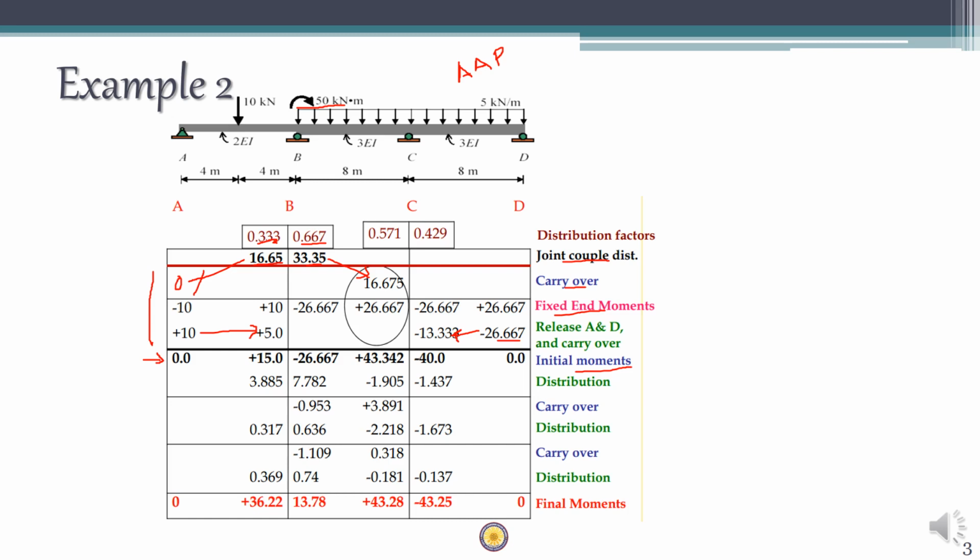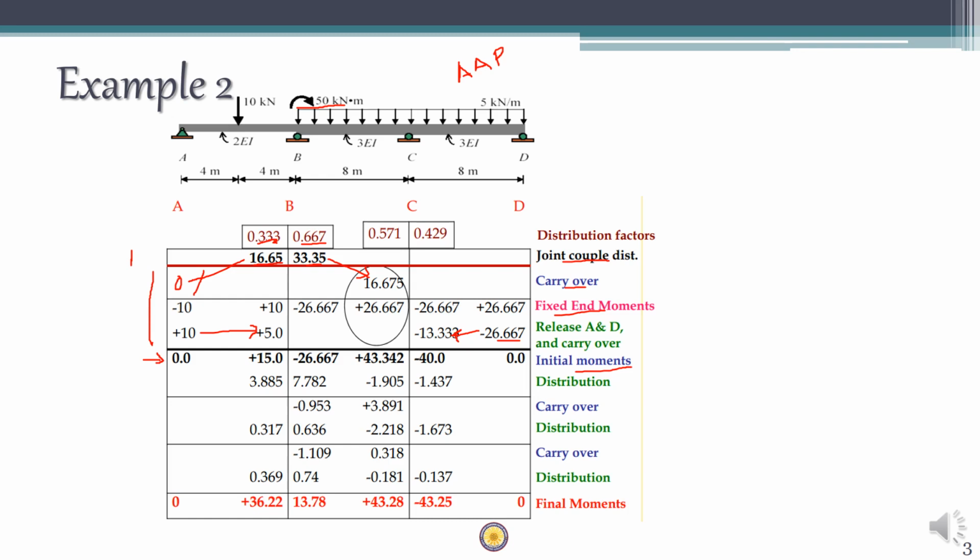This first line, the joint couple moment distribution, is treated separately. It is kept aside, so you have to remember that. At A we have a 16.65 moment, and at BC we have a moment of 33.35, which is kept aside separately.